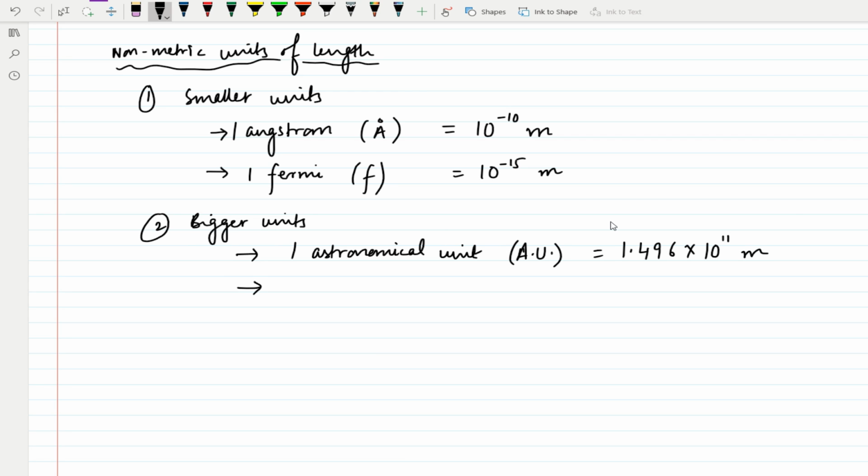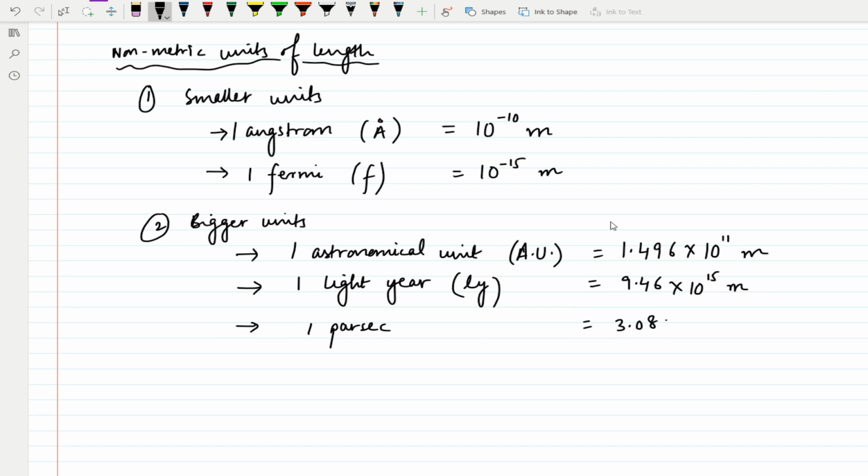Okay, next is light year. So 1 light year is denoted by LY, and is equal to 9.46 into 10 to the power 15 meters, and 1 parsec is equal to 3.08 into 10 to the power 16 meters.